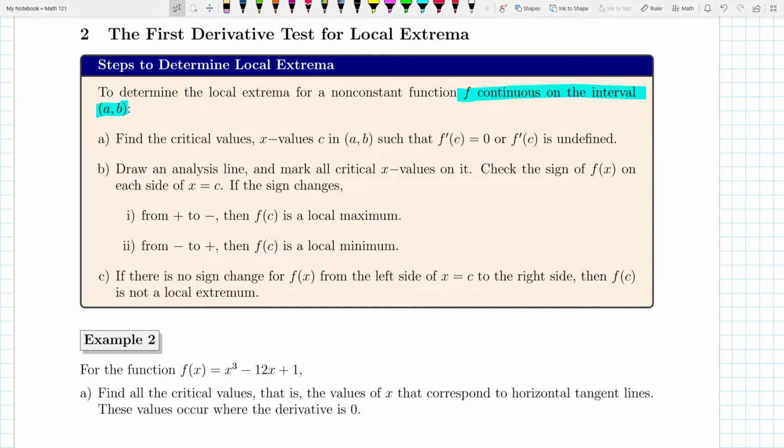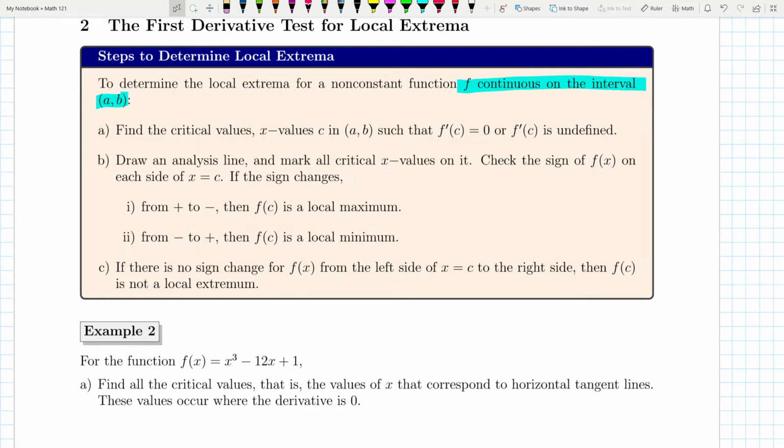So number one, the first step is to find the critical values. We get the critical values by taking the derivative of the function and setting it equal to 0, and finding the values for which the derivative is either 0 or undefined.